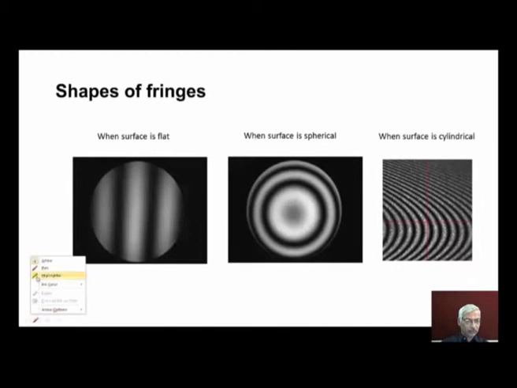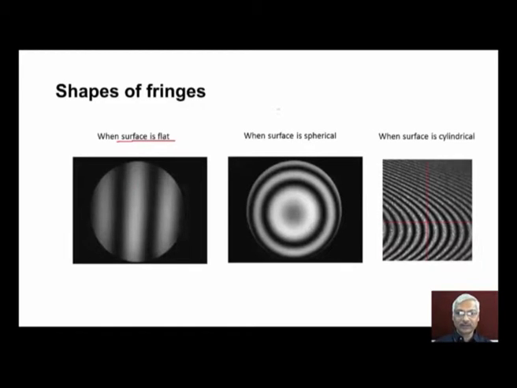Now, depending upon the workpiece surface, we get different shapes of fringes. So let us assume that when the work surface is flat, for example, the flat surface of a slip gauge, then we get the fringe pattern like this. The dark band and white band are parallel to each other, straight fringes we get.